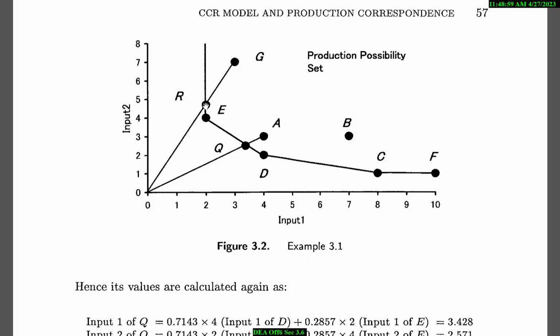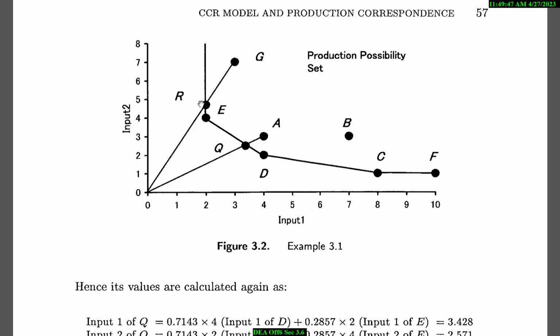However, R compared with E has the same first input, but the second input of E is smaller than R. So to determine the efficiency of G, the reference set is E. This means the optimal value of lambda E is 1, and by putting lambda E as 1 and the other lambdas 0, you can easily determine the value of theta star.